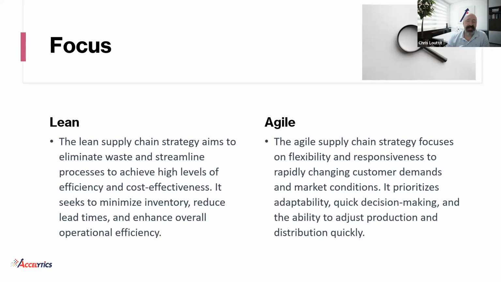And then in contrast to that, the Agile approach really is based on flexibility and being able to respond. And so that's why it's prioritizing the adaptability, quick decision-making, and it allows you to turn on a dime. Whereas with lean methodologies, you're more centered on a specific process.